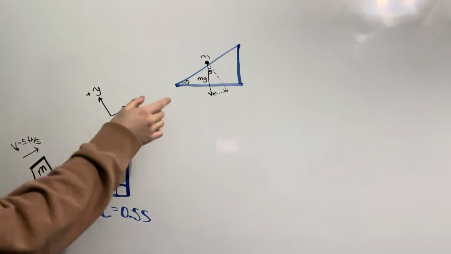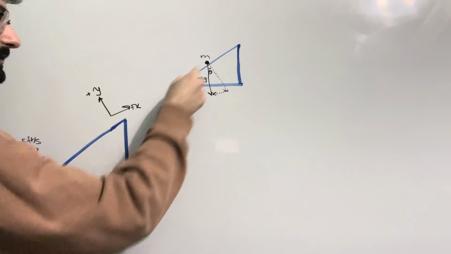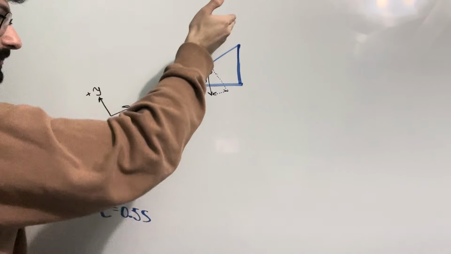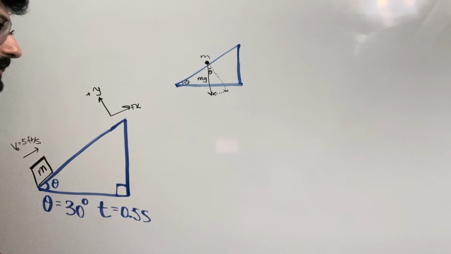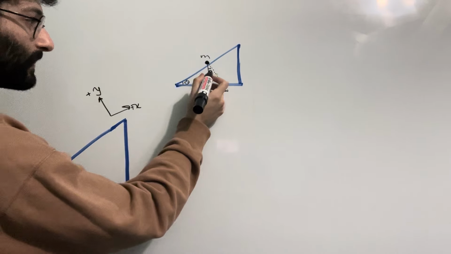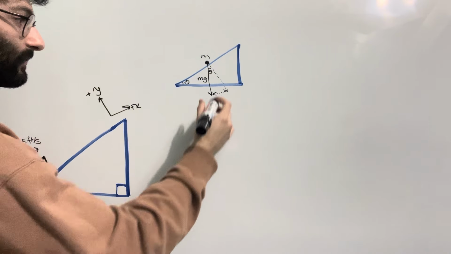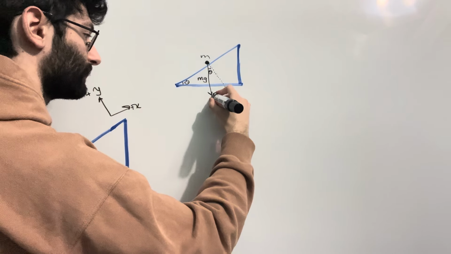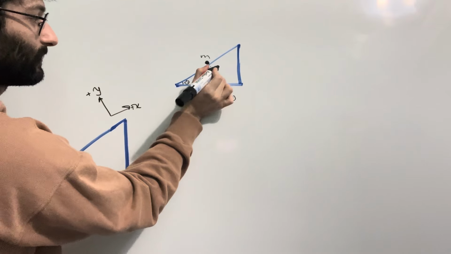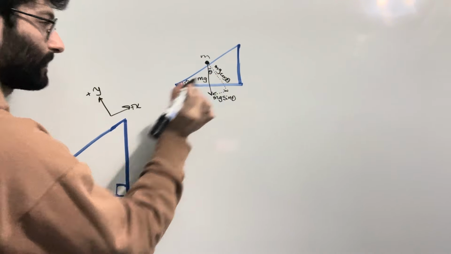So here I generalized our block M as a point mass M, along any arbitrary coordinate on this inclined plane, and there's always going to be mg acting downwards with components in the x and y directions, respectively being mg sine theta and mg cosine of theta.